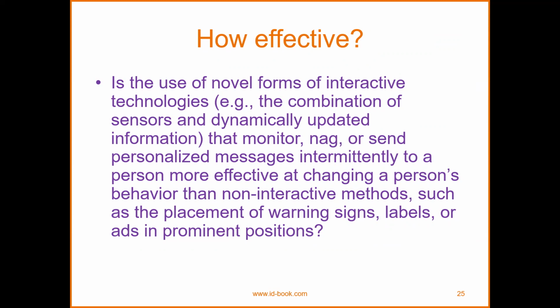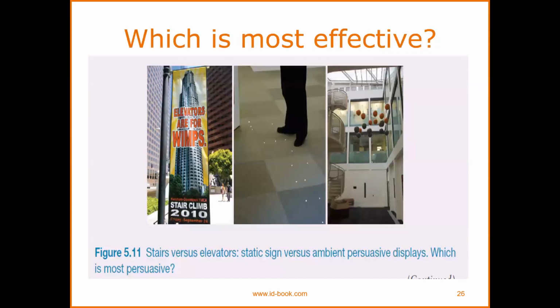Non-interactive methods yung mga tipong hindi kayo gumagamit ng mga literal na kamay and so on and so forth, pati utak, pinanonood lang kayo. So it's too bad. No? The much better is you are using interactive with the technologies, such as the placement of warning signs, labels, or ads in prominent position. Which is most effective?